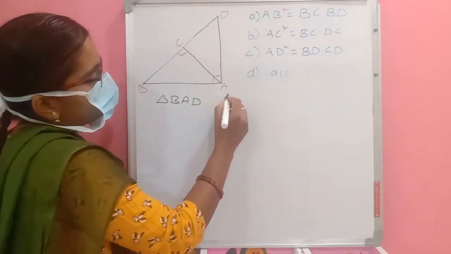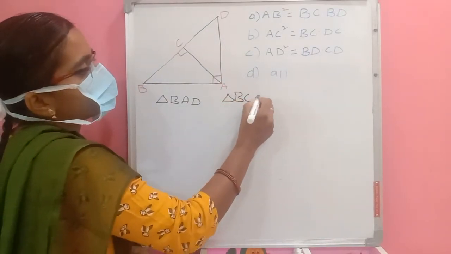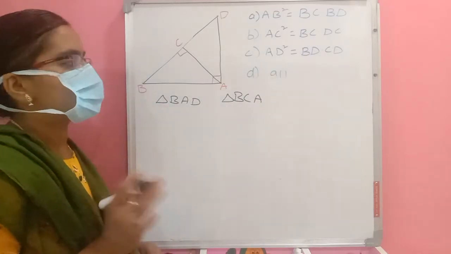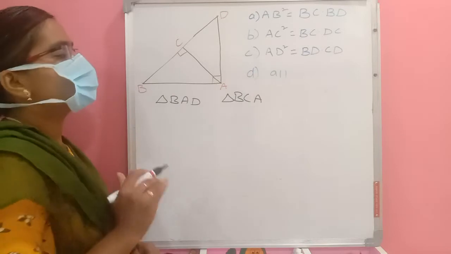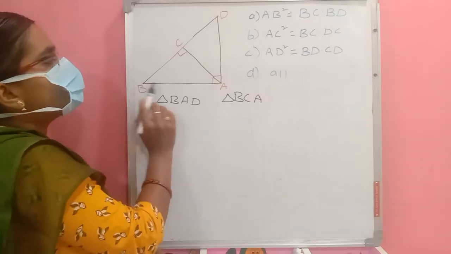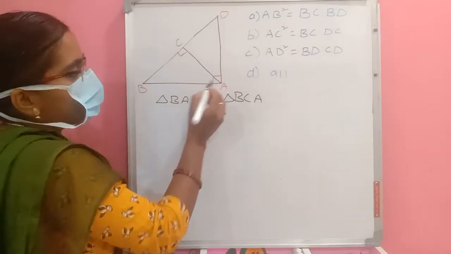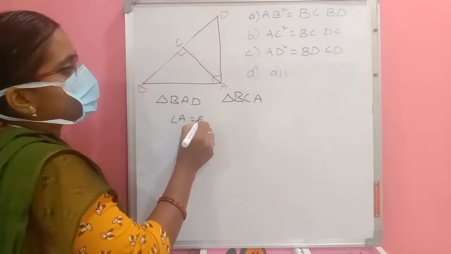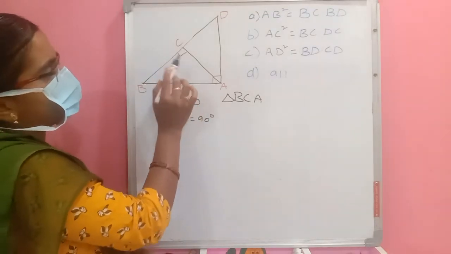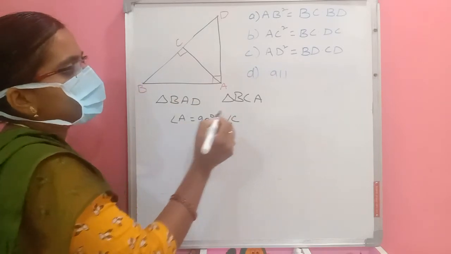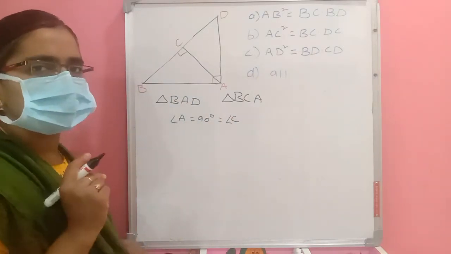These two, are they similar or not? Check once. In BAD, at A that is 90 degrees, a right angle. In BCA, at C that is 90 degrees. So one angle is equal.